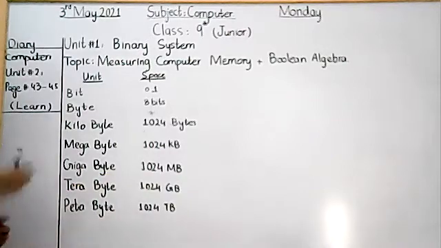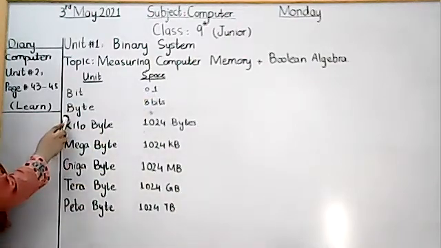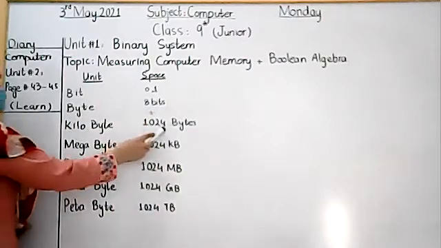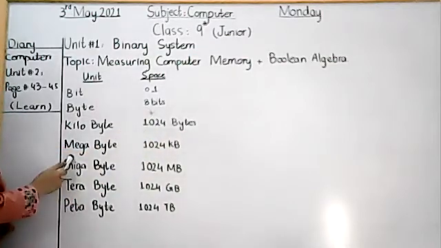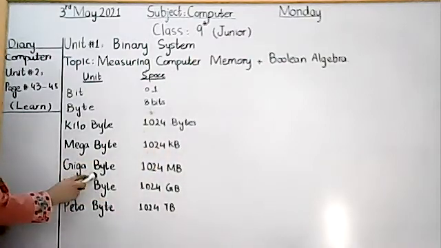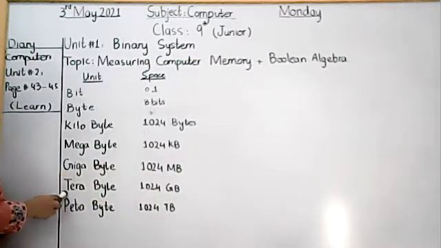So in this way we can measure computer memory. 1 bit is 0 or 1. 1 byte consists of 8 bits. 1 kilobyte consists of 1024 bytes. 1 megabyte consists of 1024 kilobytes. 1 gigabyte consists of 1024 megabytes. 1 terabyte consists of 1024 gigabytes, means GB, and 1 petabyte consists of 1024 terabytes.